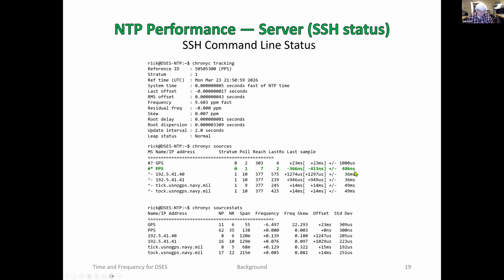That's pretty darn good. And similarly, down in the second chart, we're seeing standard deviation of about 300 nanoseconds. These are numbers that your average client computer at DSES doesn't know what to do with, but they are at least an order of magnitude better than we need, which is exactly what we want from a precision source.